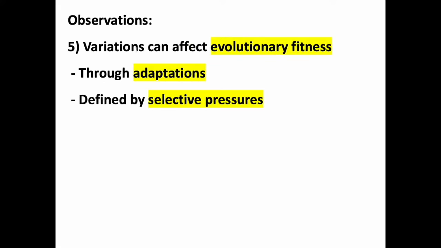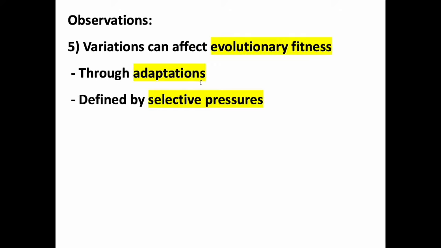When a variation does affect an individual's evolutionary fitness, the ability of them to survive and reproduce, we call that thing an adaptation. So let me read the key terms definition of adaptation. An adaptation is a heritable trait or behavior in an organism that aids in its survival and reproduction in its present environment.